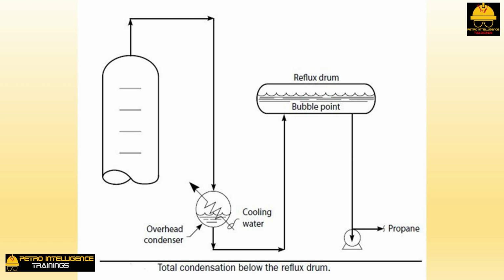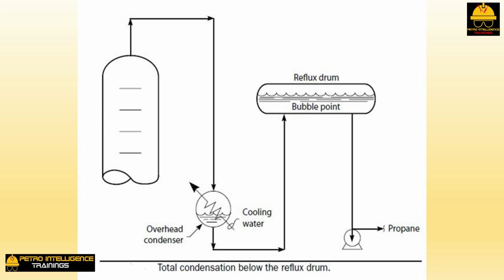If the liquid level in the reflux drum is located 20 feet above the condenser, does this mean that the liquid level in the pipe feeding the condenser is also 20 feet above the condenser? Is this possible? No. If the pipe to the condenser maintained a liquid level, then the shell side of the condenser would be full of propane.